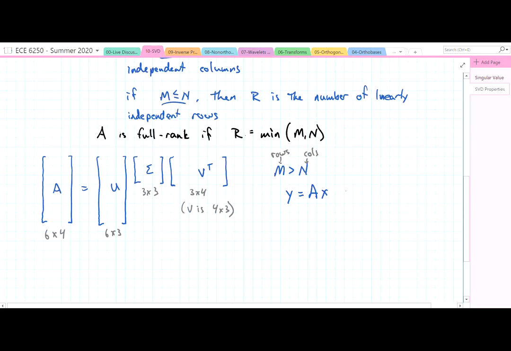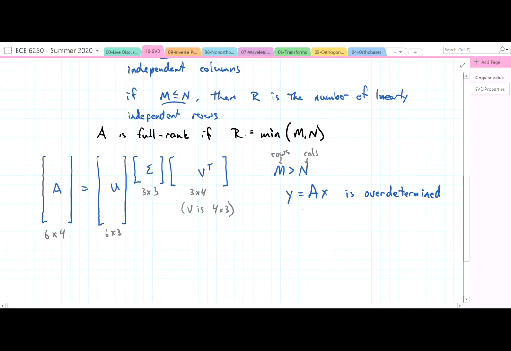And so in this case, our system of equations is overdetermined.